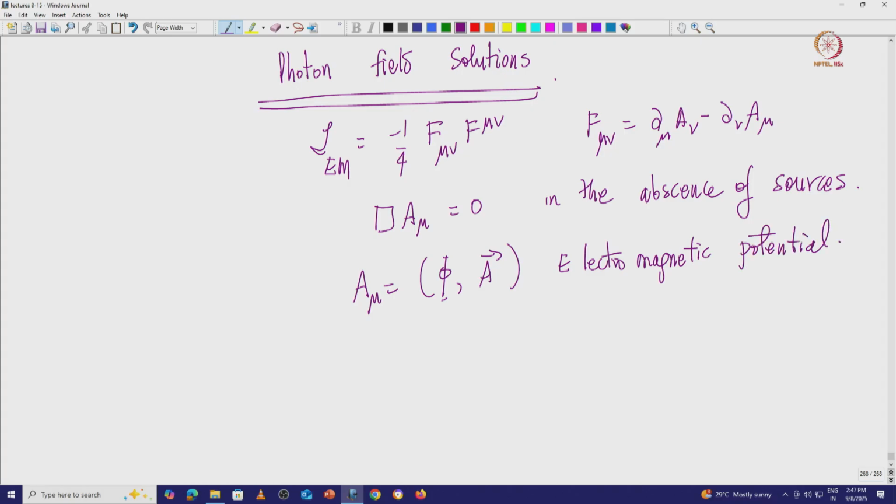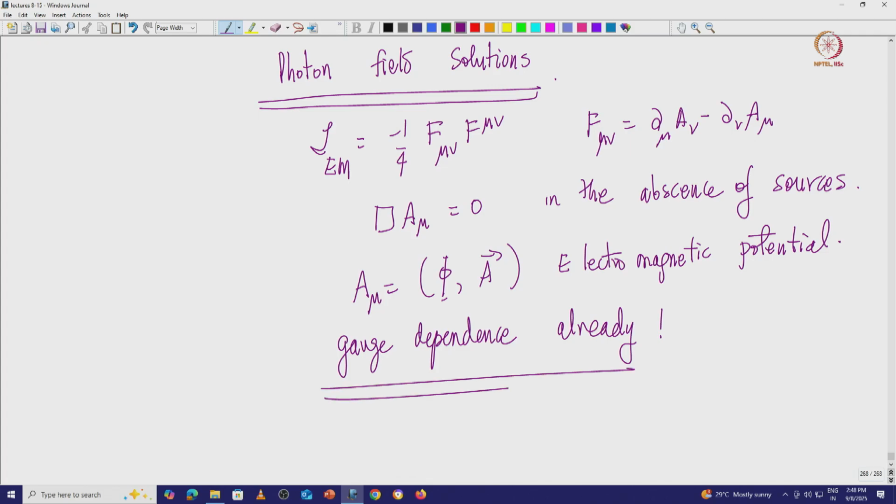So you can always choose a gauge such that A vector is equal to 0 essentially. Now there is a gauge dependence already. Okay, so it is not unique, there is a gauge dependence.